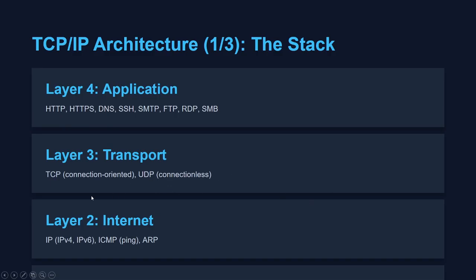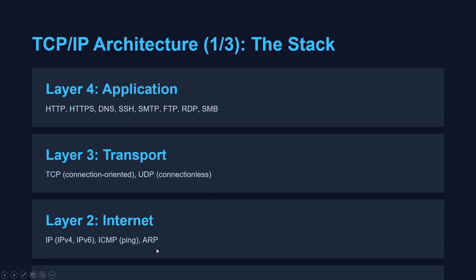So layer 2 is basically the IP layer: IPv4, IPv6, ping, ARP. This is the line that we use to connect each network, like IPv6, ARP, and ping.